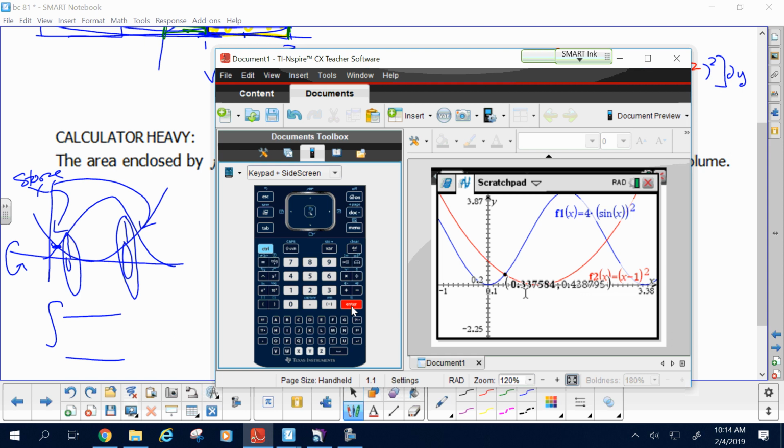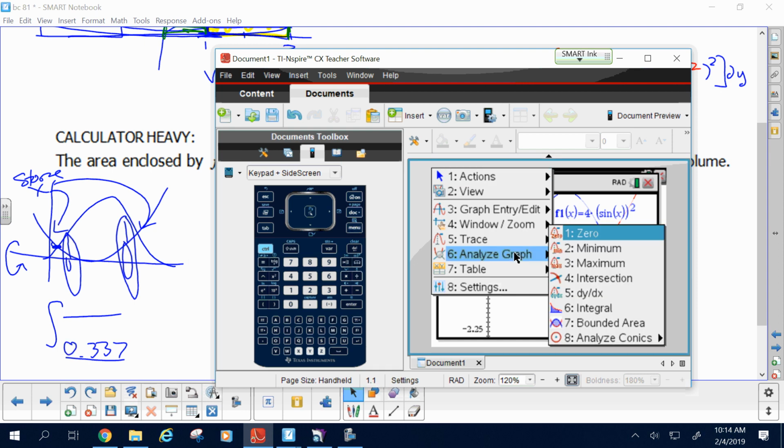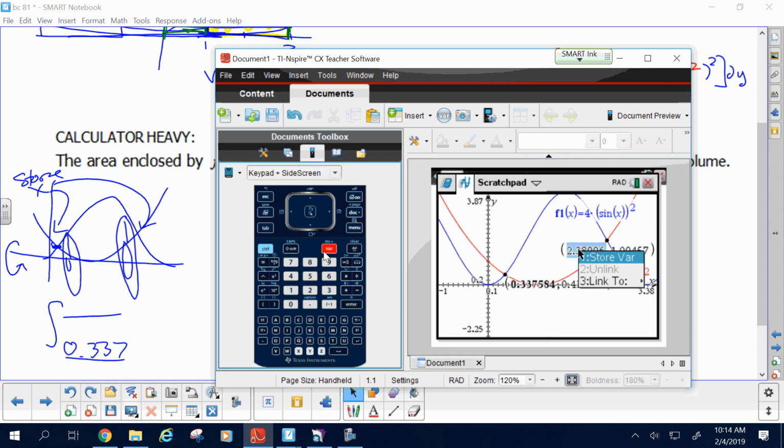How about you? And an upper value of 2.380. Okay. All right, so we have our intersection points stored.